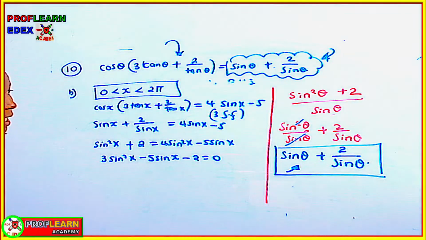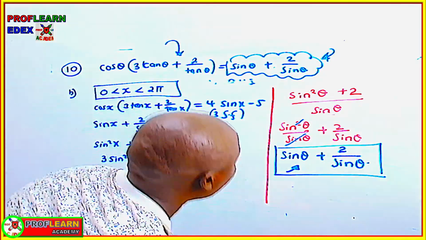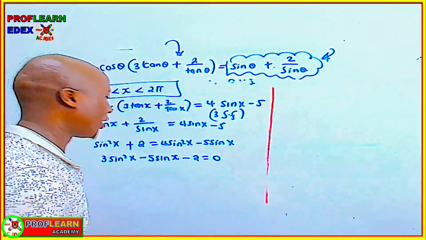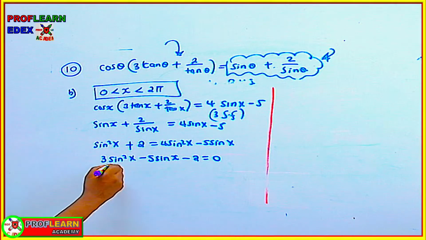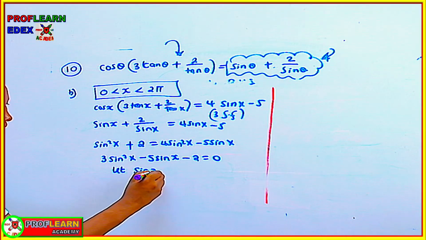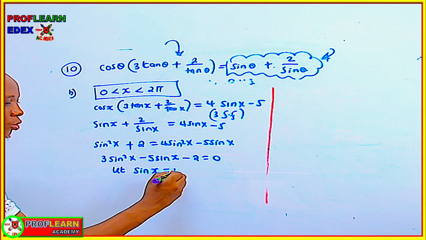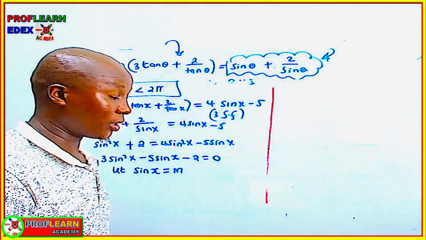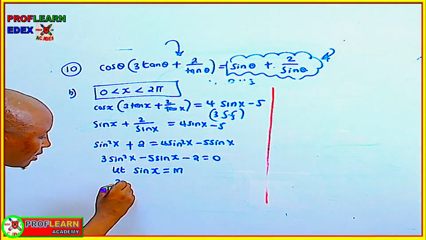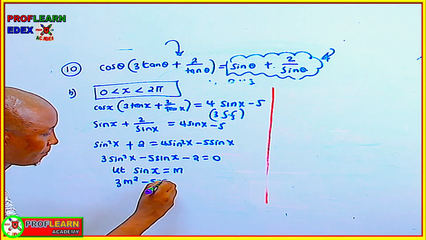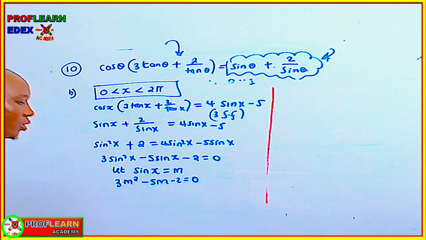So we end up having a quadratic equation. With this quadratic equation, let sine x be equal to m. We are going to form a quadratic equation which we are going to solve. So we say 3m squared minus 5m minus 2 is equal to 0.